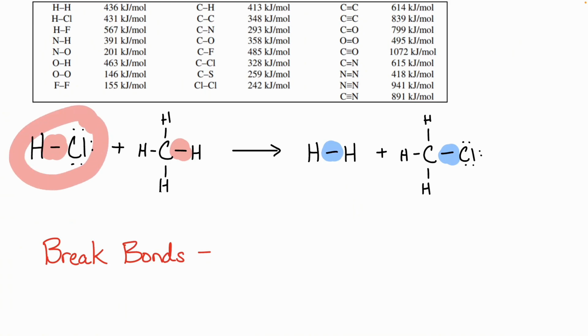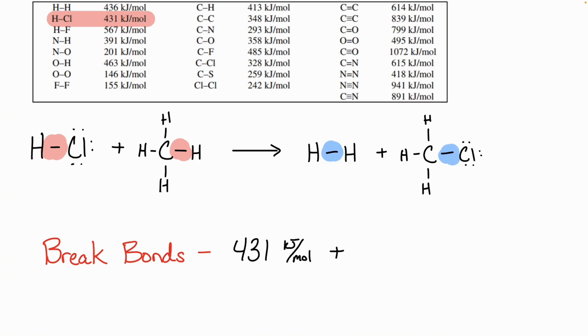I have an HCl bond that I'm trying to break here, so I'm going to look right here. That's going to require 431 kilojoules per mole. And then I'm going to add the other bond I have to break, which is a carbon-hydrogen bond. So I'm going to look on my table here, find that correct bond. That'd be this one here.